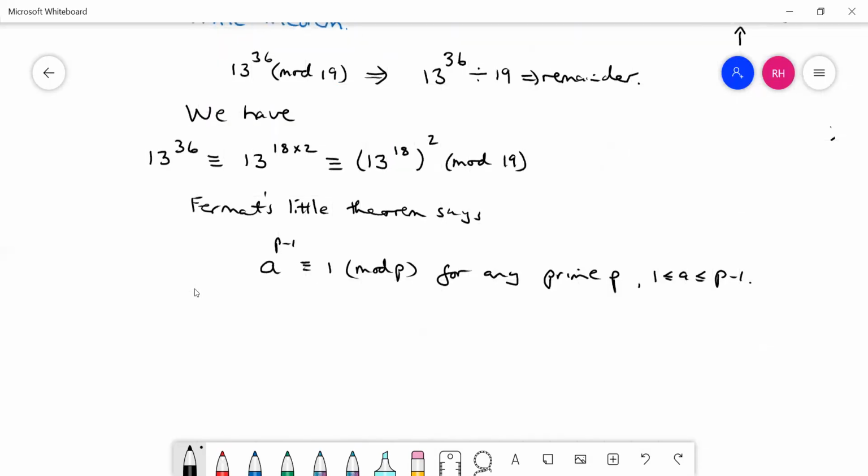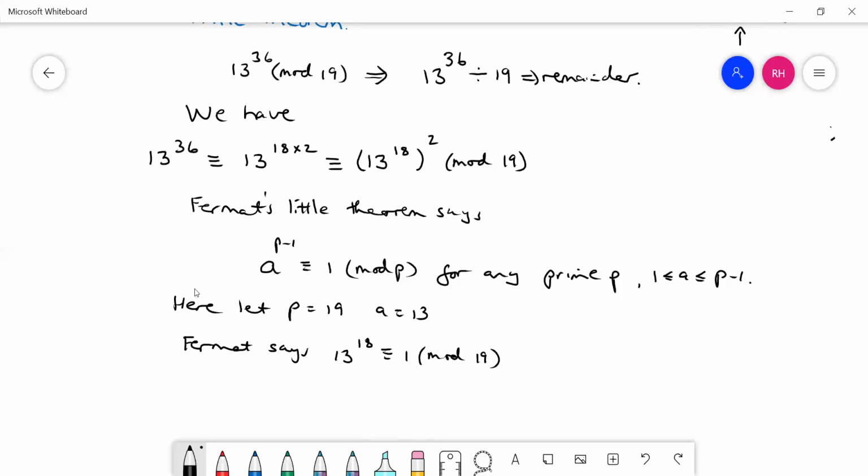So all we do is we let p equal 19 and a equal 13. Fermat says that 13 to the power of 18 is equivalent to 1 modulo 19.